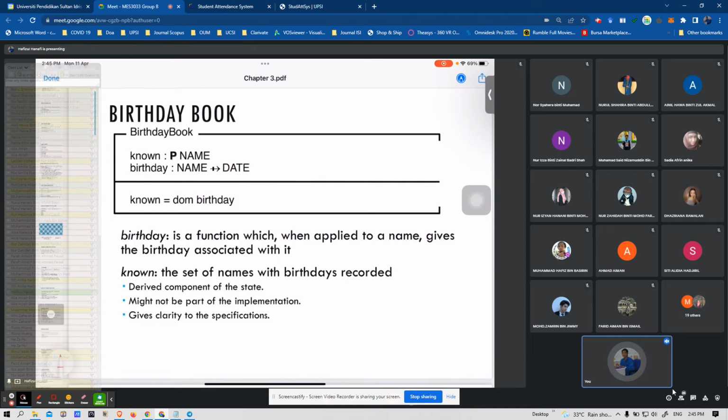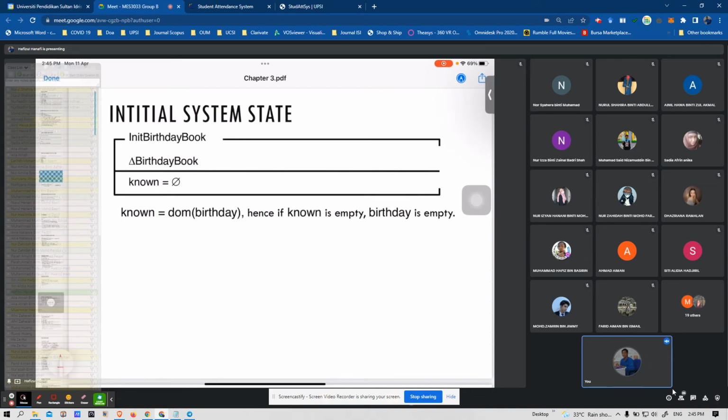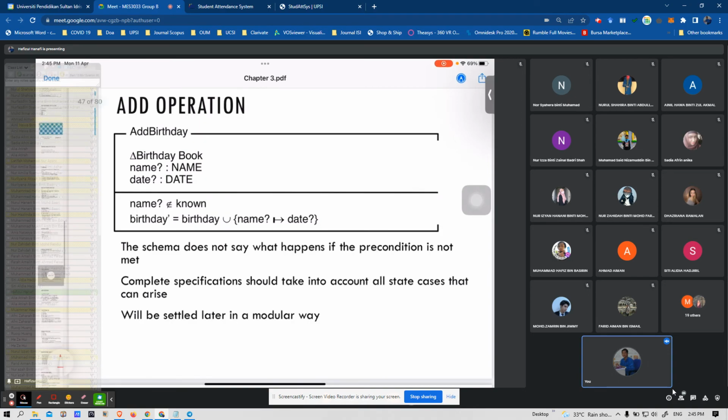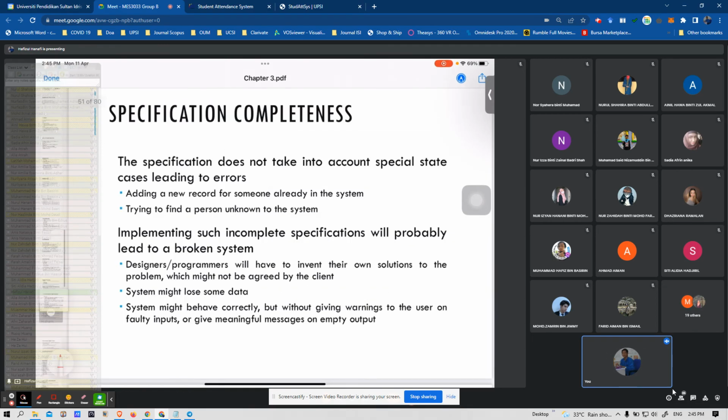The invariant is satisfied because birthday records a date for exactly the names we have. Okay, and then we have birthday books, and this one is a set. We declare the postcondition as a set. Okay, this one is not a member. You can look at this after. Please take some notes for this one.